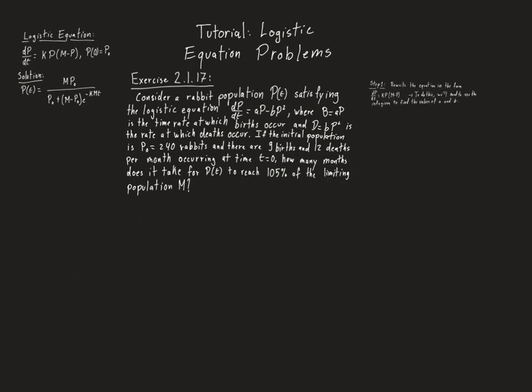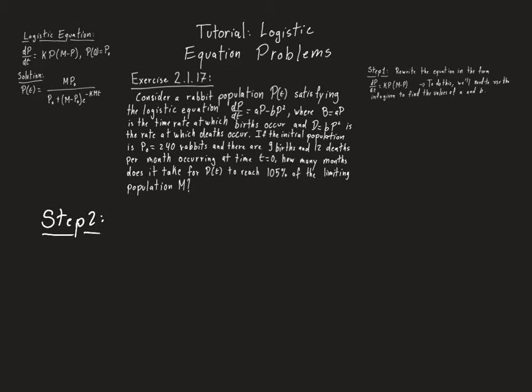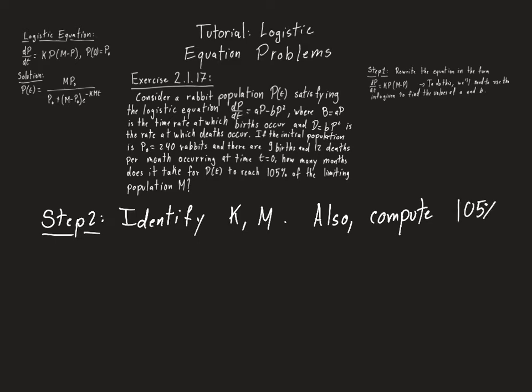Let's see if I can move this over here. There we go. All right, once we've done that, step 2. Step 2 is very straightforward. We're going to identify k and m. Also, compute, in this case, 105% of m, since we're going to need that later.